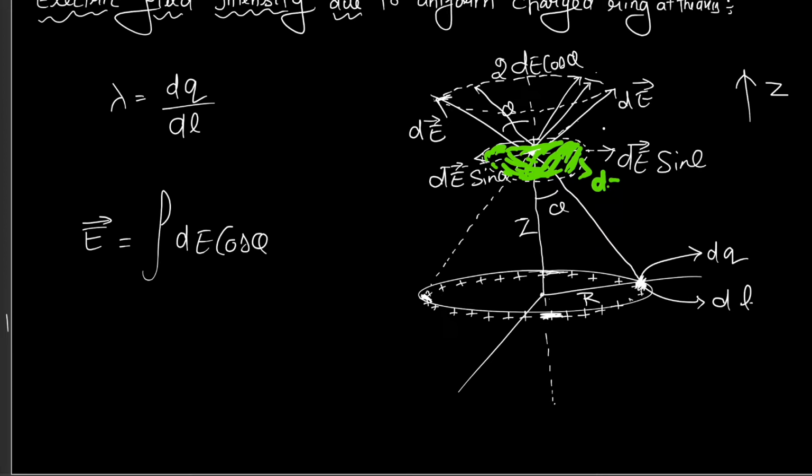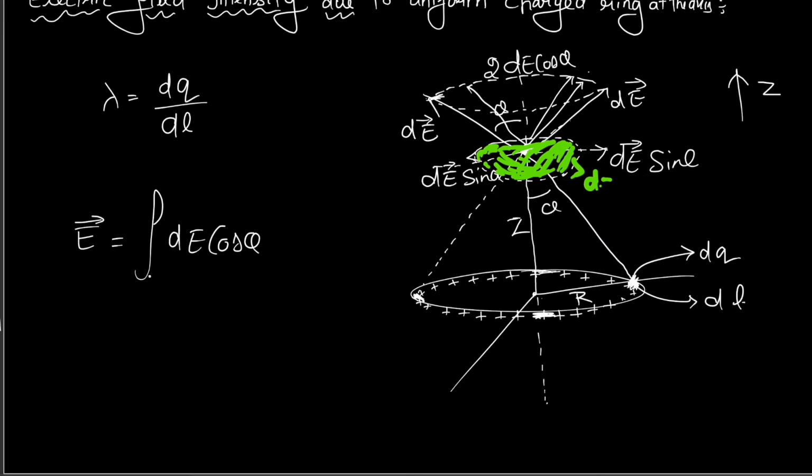Basically I have taken the 2 because I take 2 elements, because there are an infinite number of dE, then you have to integrate it basically, and then I will put the value: dE is nothing but 1 by 4 pi epsilon naught, due to the dq element.